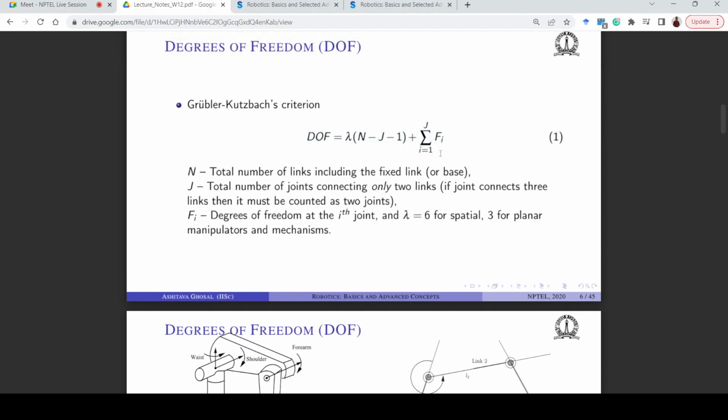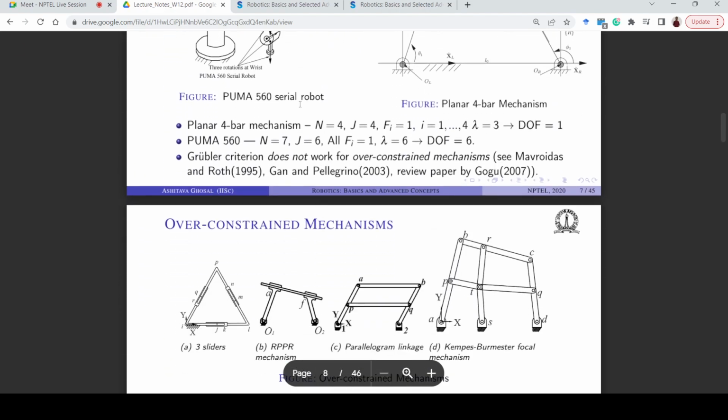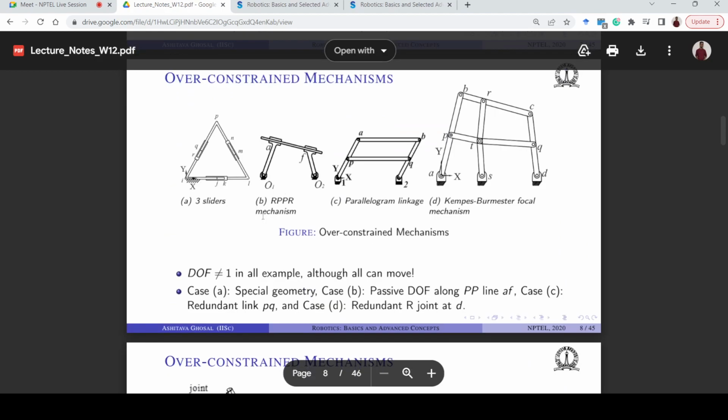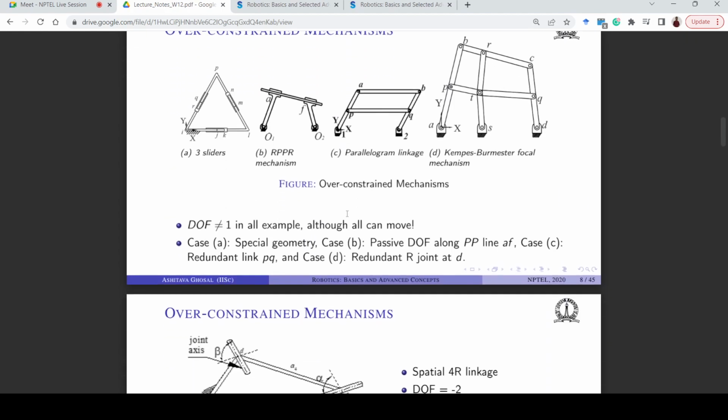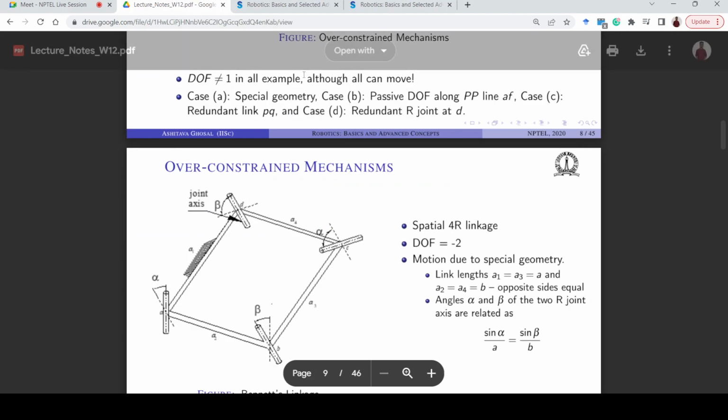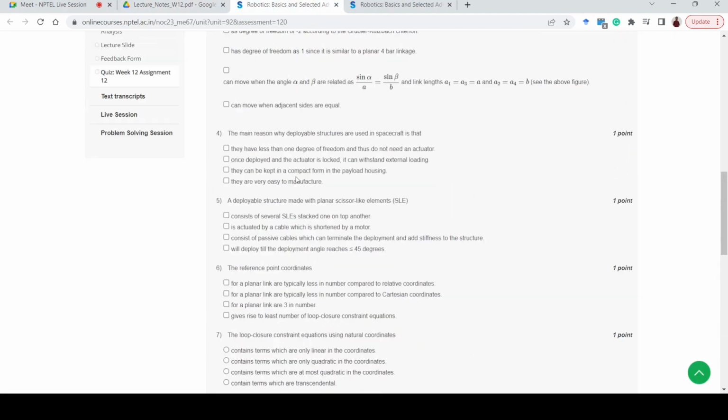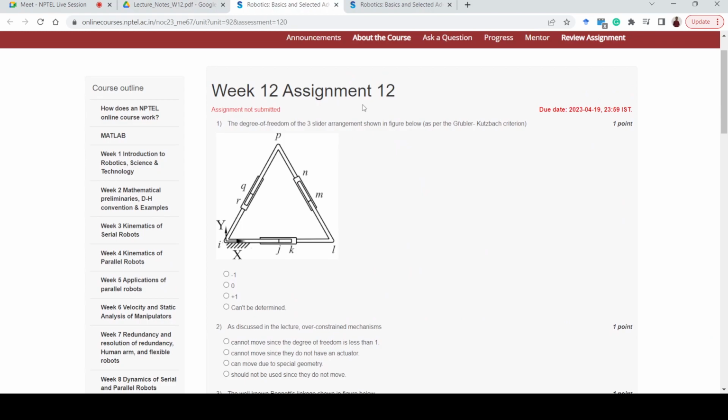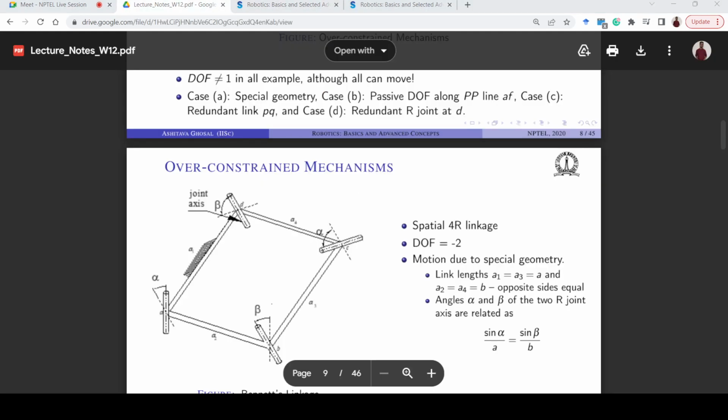It was a fractional degree of freedom, and of course, it does not make much sense for any system to have a fractional degree of freedom. But this is what this criteria actually leads to, as you can see in some of the examples. And in your assignment problems also, you might see that when you calculate the degree of freedom, it will come out to be different than just one.